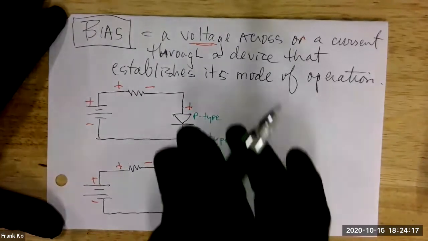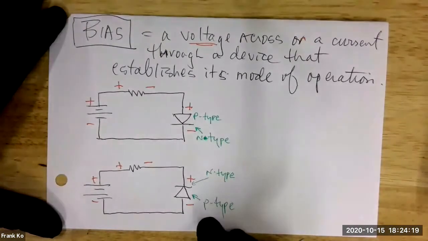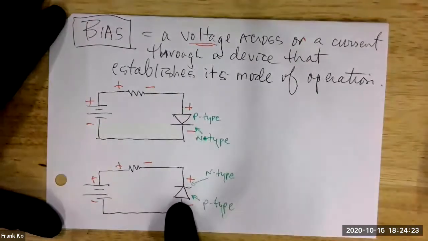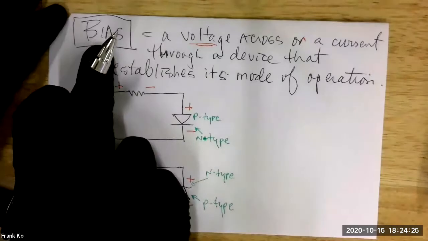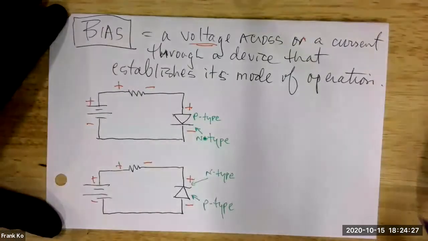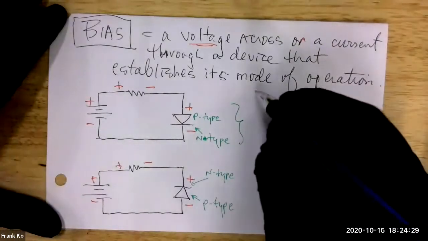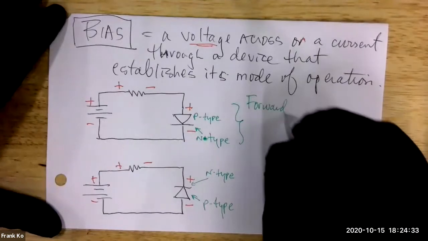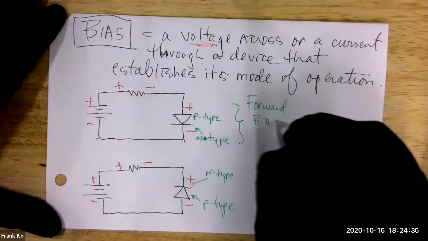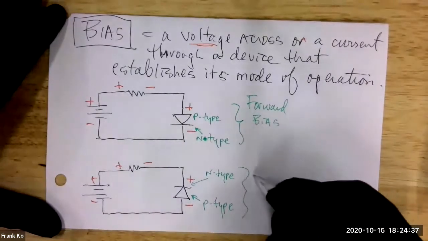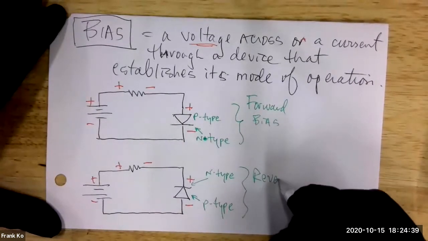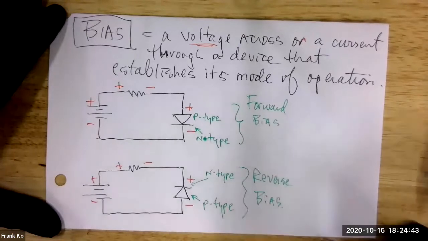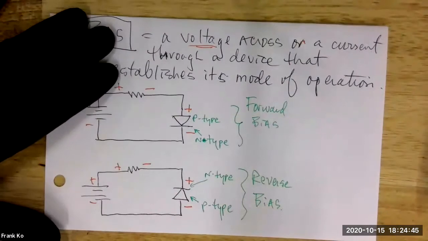Now, what you have by virtue of the polarities presented to the diode this way is a certain type of what? Bias. And the bias here has a special name. This is called forward bias. This one here is called reverse bias. You have forward bias and reverse bias.